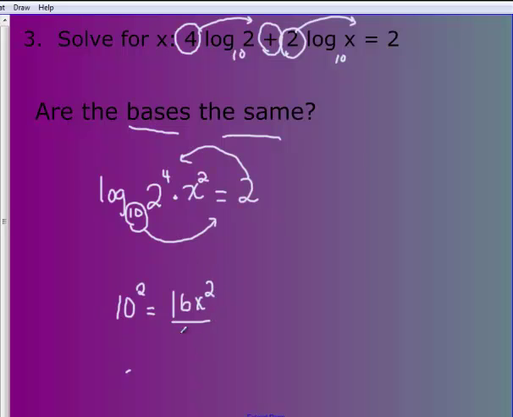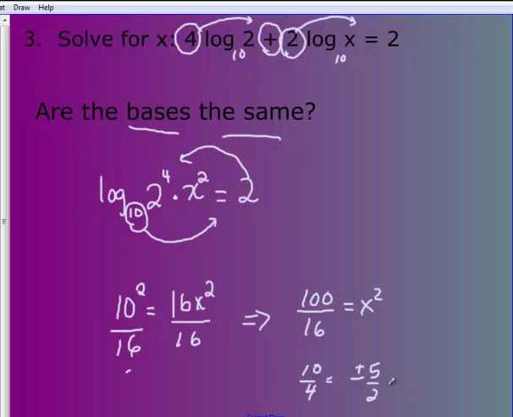Oh, I can divide by 16 here. I can divide by 16 here. So 100 over 16 is x squared. And when I take the square root, I get 10 over 4, which reduces down to 5 over 2. But remember, since it was squared, I could have a plus or a minus.